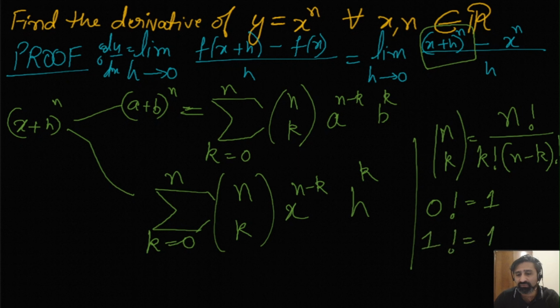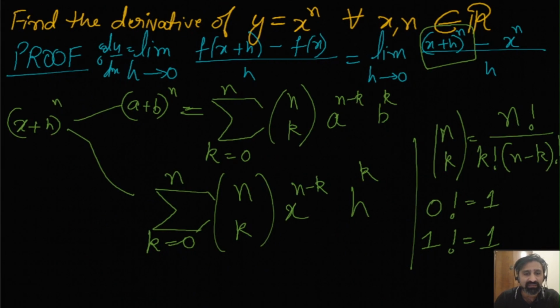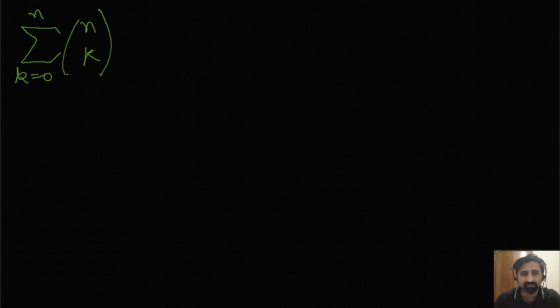Okay, so next step ಹೋದಾಗ ಇಲ್ಲೇನಾಯಿತು, ನಮಗೆ x plus h to the power of n ಇದೆಯಲ್ಲ, we will just consider a very simple expansion. k is equals to 0 to n, n choose k, x to the power of n minus k and h to the power of k.